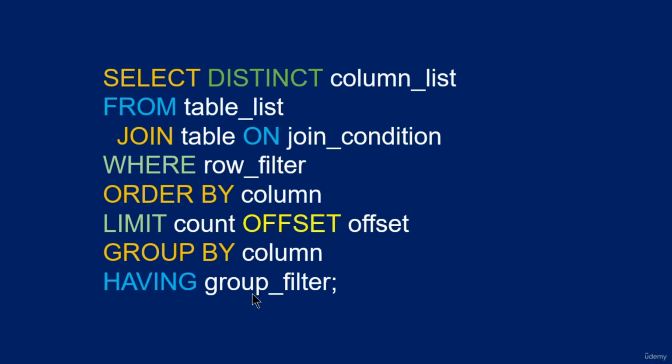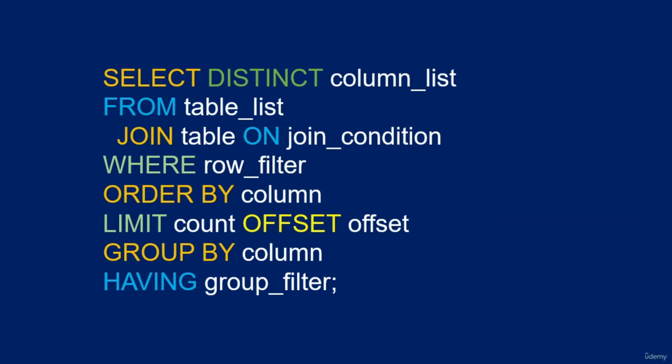And here we've got the group by. The group by basically is used to group rows into groups, and then you apply the aggregate function to each group. So group by really is common when you're using aggregate functions. And then here we've got the having. Having basically is used after you have the group by.